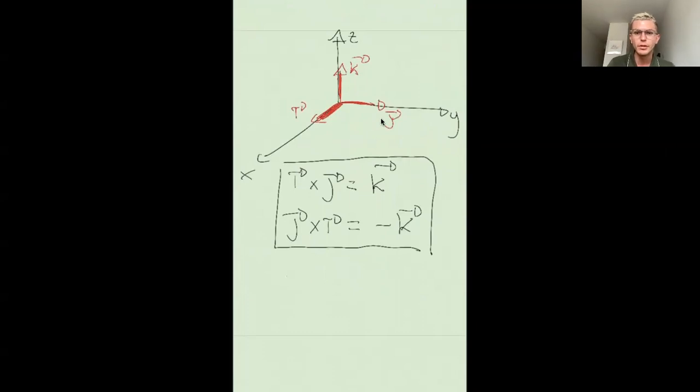Now, what if you do j cross k? j cross k gives you i. Good, because again it's similar. Fingers along the y-axis, close them towards the z-axis, and you see it's pointing towards my head, which was in the direction of the x-axis. And by the same logic, k cross j is just minus i.